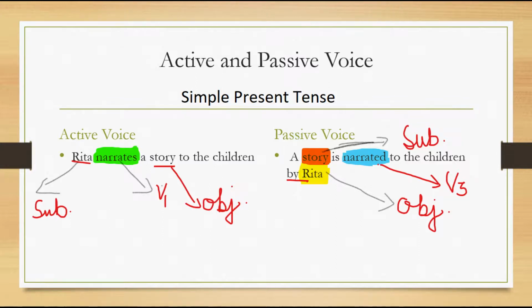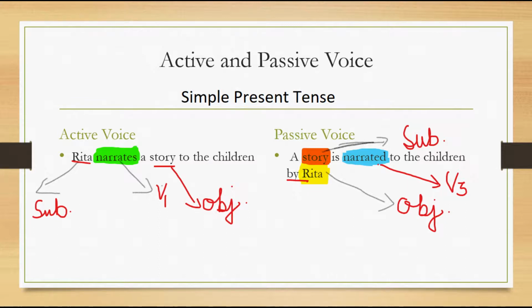Okay, students, you have to remember that you cannot change the tense. It will remain in the present tense. So just keep it in the present. I use the word is with story because it is one. I used a story is narrated. So I use the present form of the supporting verb, that is.